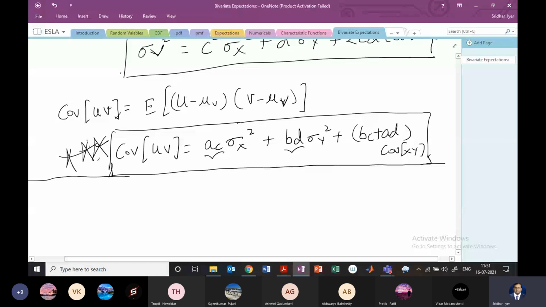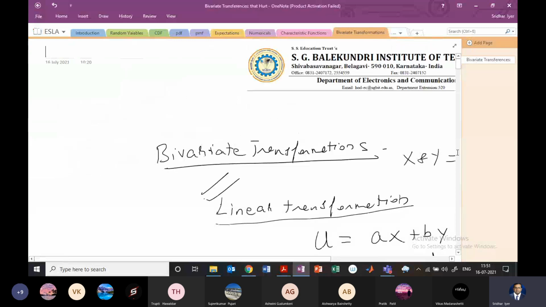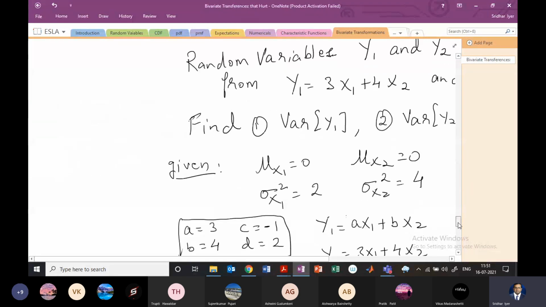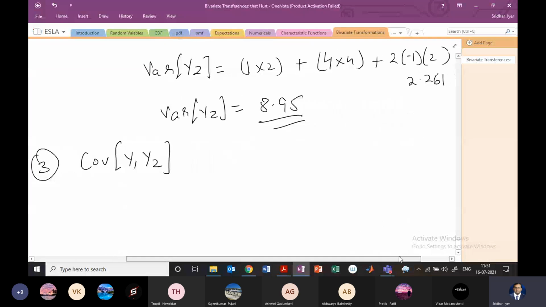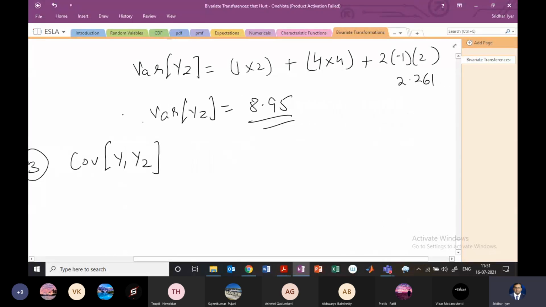Okay, so I'll go back to that problem. I'm going to use that same equation and I'll rewrite it. Now we'll write this in terms of y1 and y2.